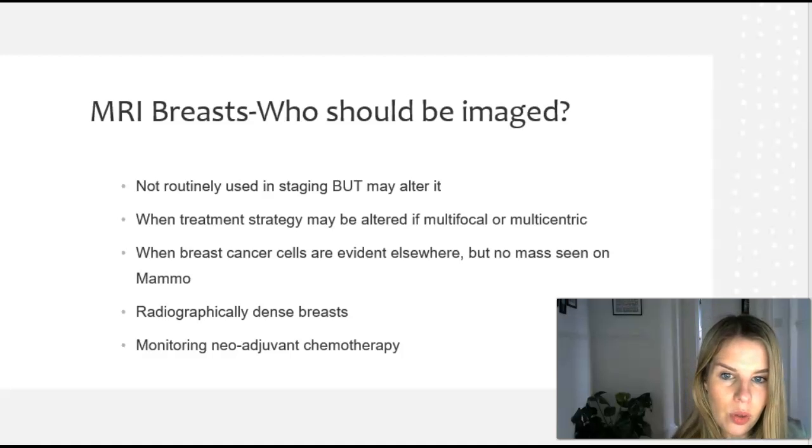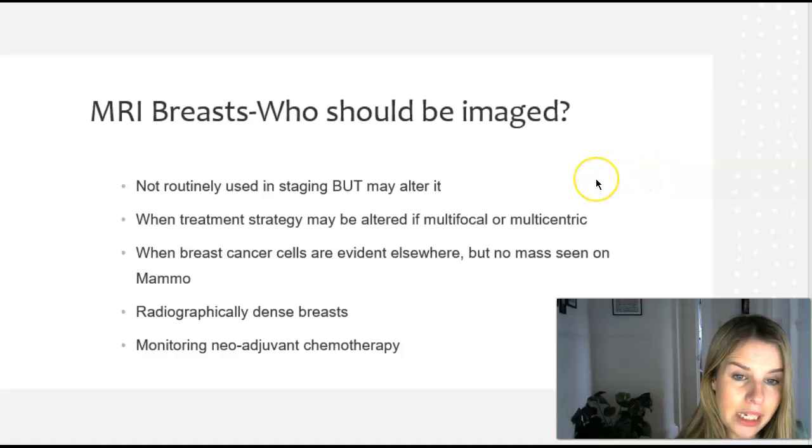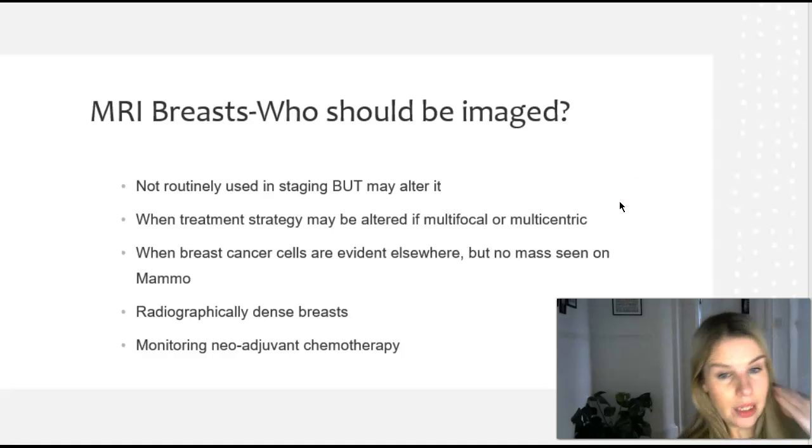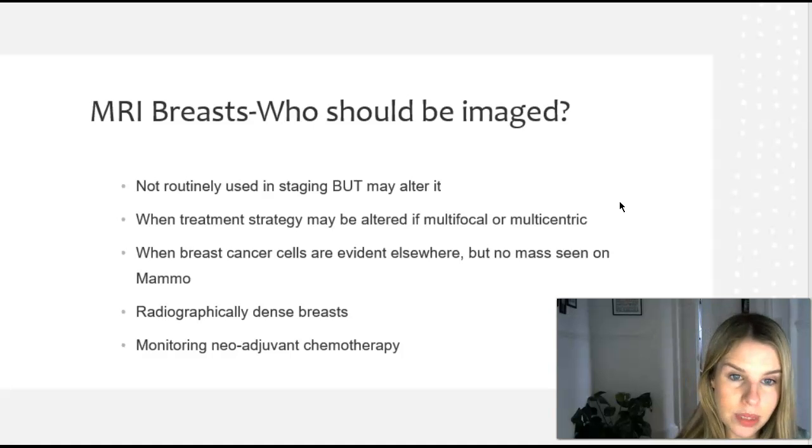We also need to utilise MRI in breast cancer when there's breast cancer cells somewhere else, but they've not noticed or not seen a mass on a mammogram. So some patients sadly are diagnosed when they've got back pain or abdominal pain, and they turn out to have a tumour in their bones or in their back or in their liver, and when they biopsy and they look at the cells under the microscope, they're breast cancer cells.